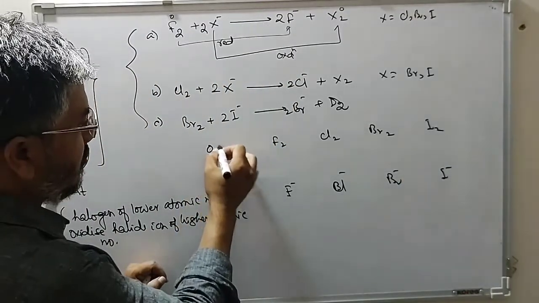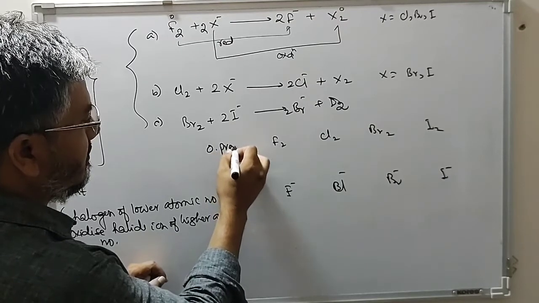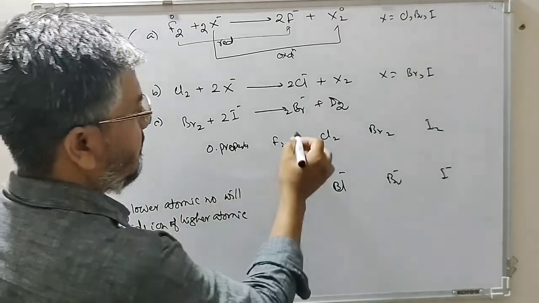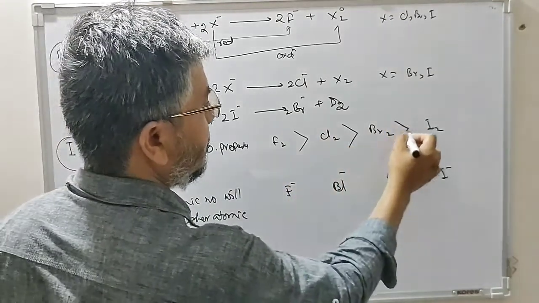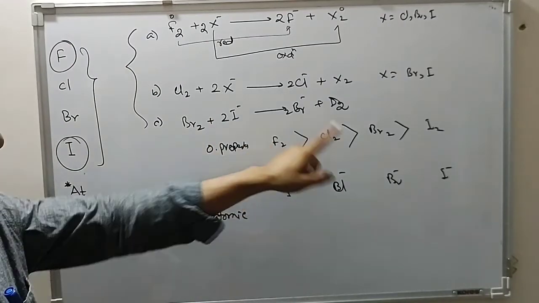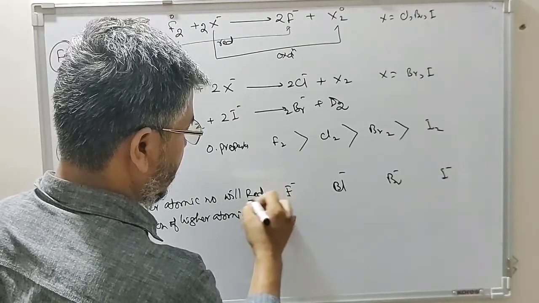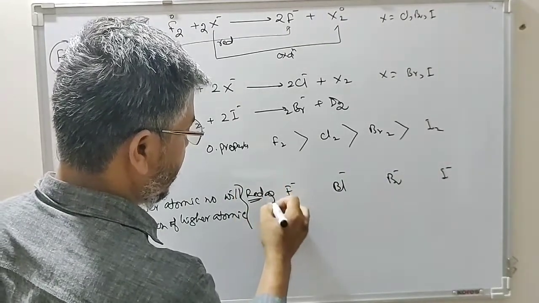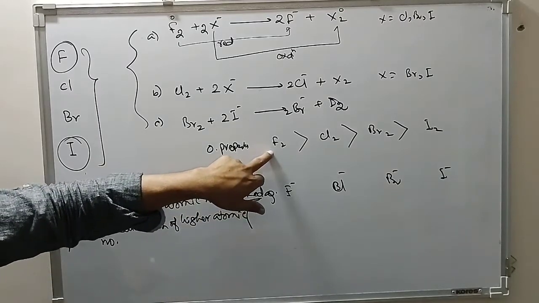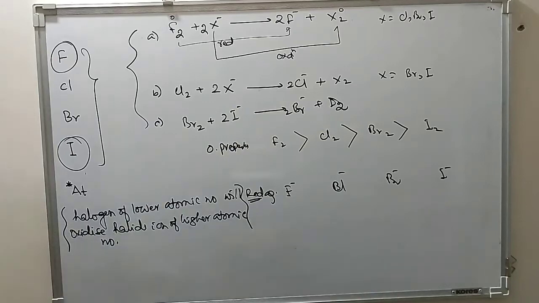So comparing the oxidizing property of fluorine, chlorine, bromine: when the halogen acts as an oxidizing agent, the halide ion acts as a reducing agent. So fluorine being the strongest oxidizing agent, F minus will be the least reducing agent.